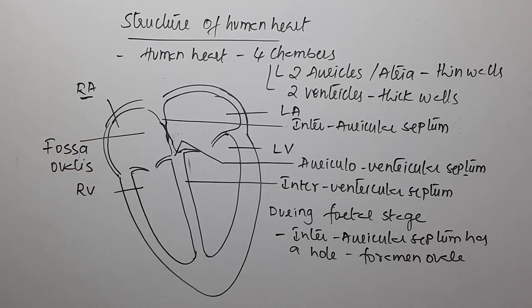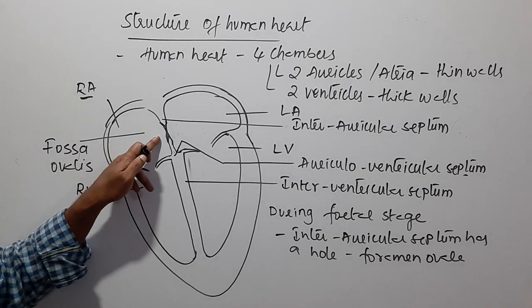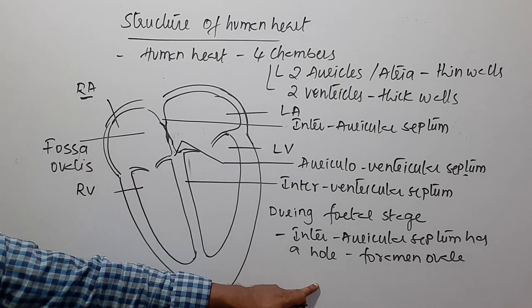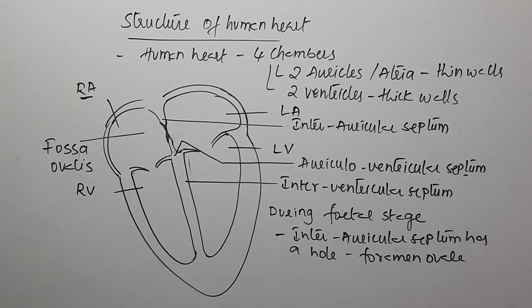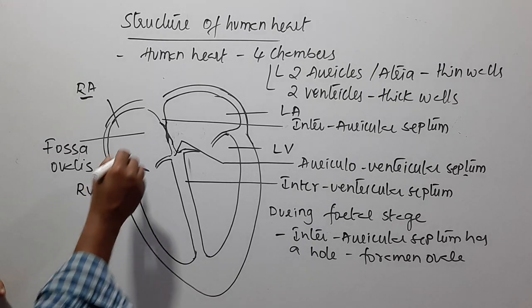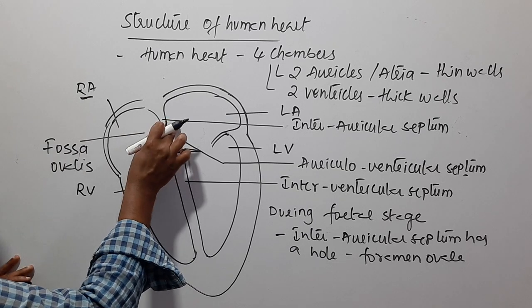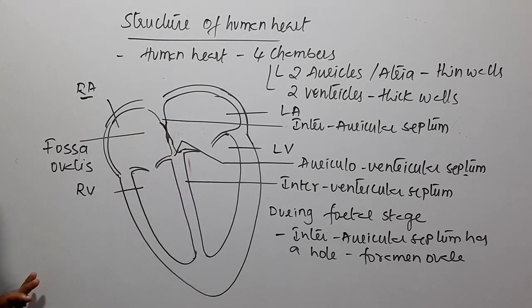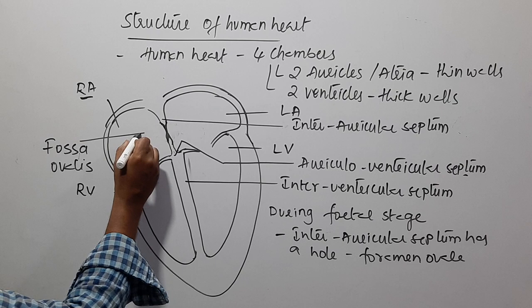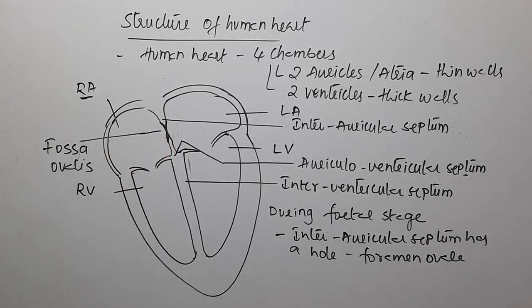In certain conditions, if the foramen ovale is not closed, it results in the formation of a hole in the heart. So that's what we call a hole in the heart.